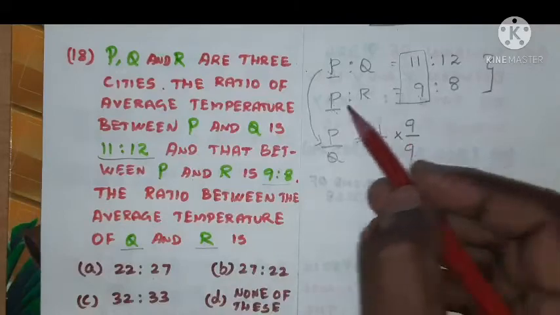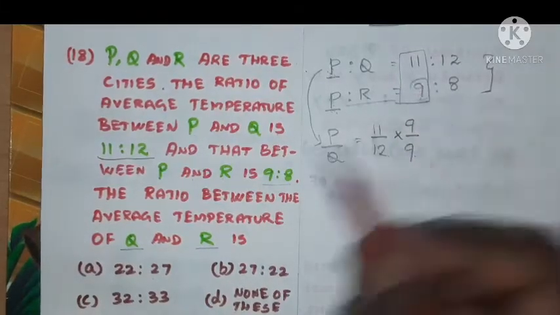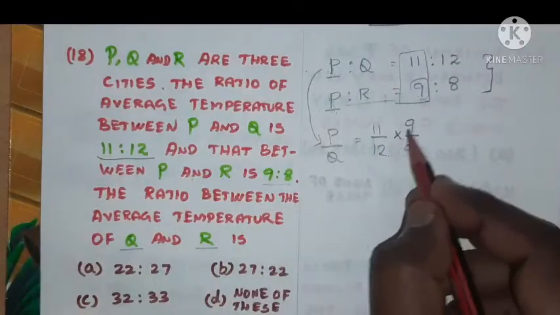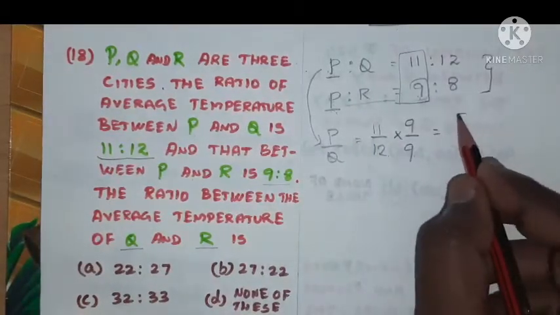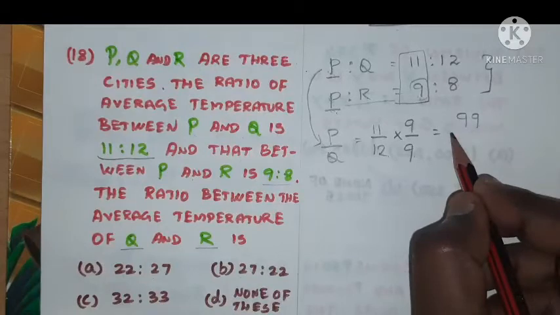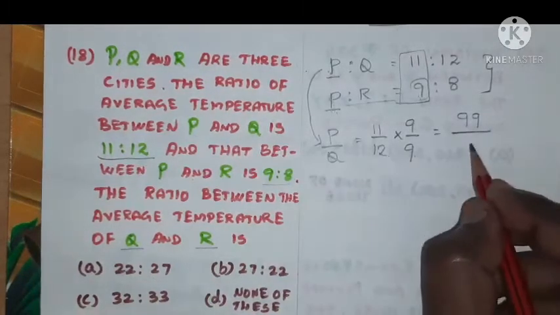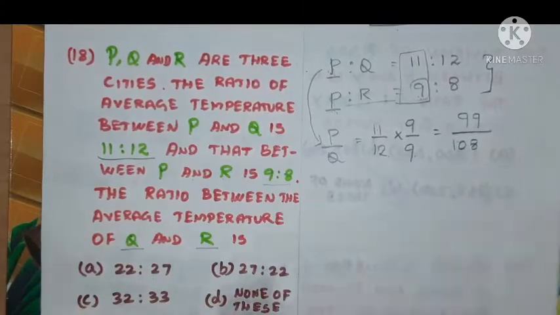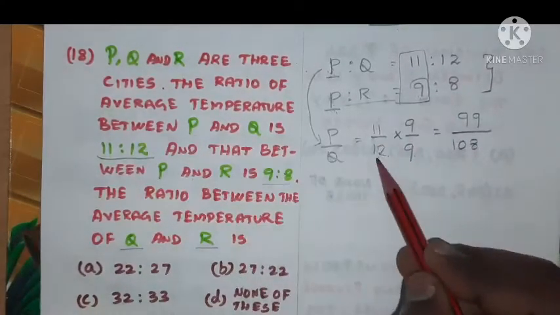Next we are going to multiply this ratio with 11. First we'll do 11 divided by 12 into 9 by 9, which is equal to 99 divided by 108.